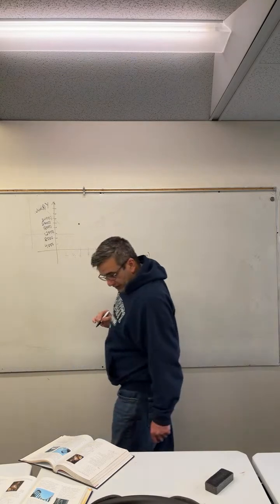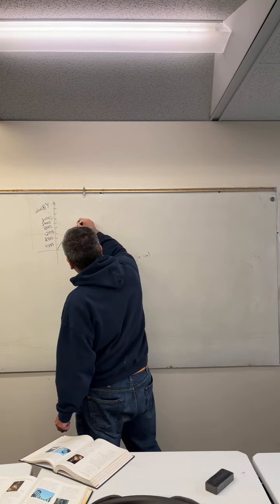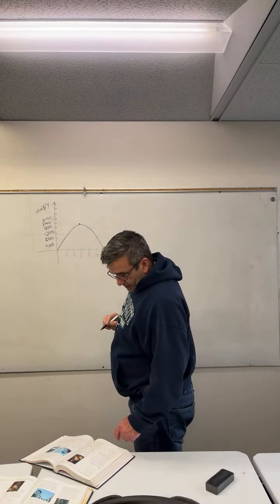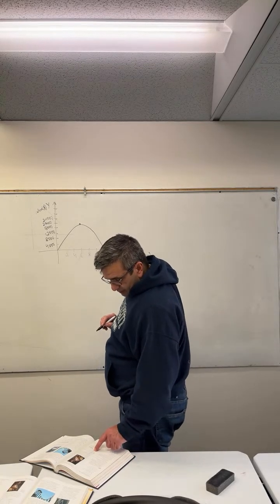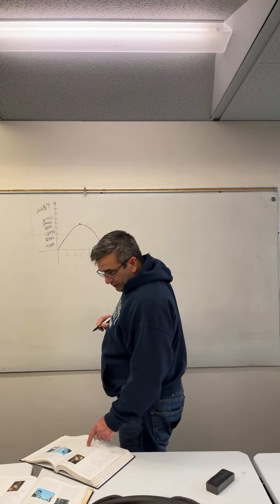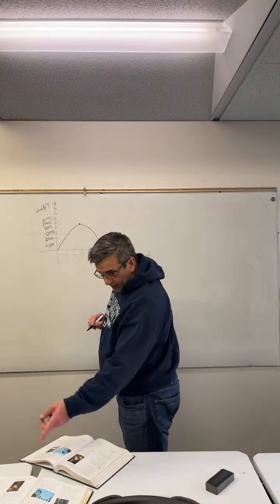So his revenue function will look like this. And cost, and then why did it end at 12? Because I just copied the graph from the book. This is what they have there.